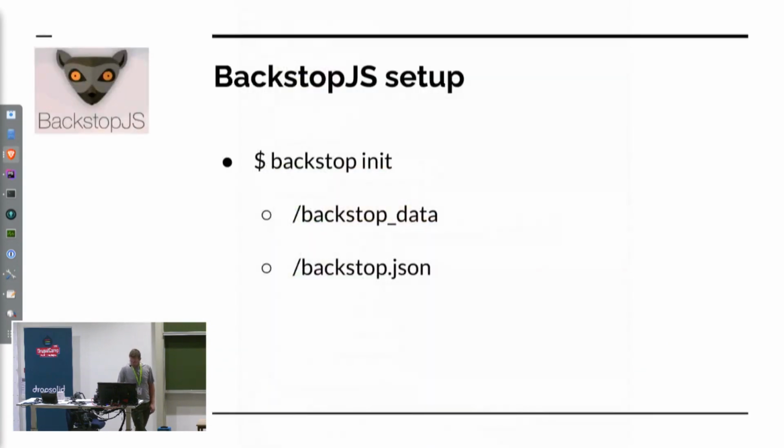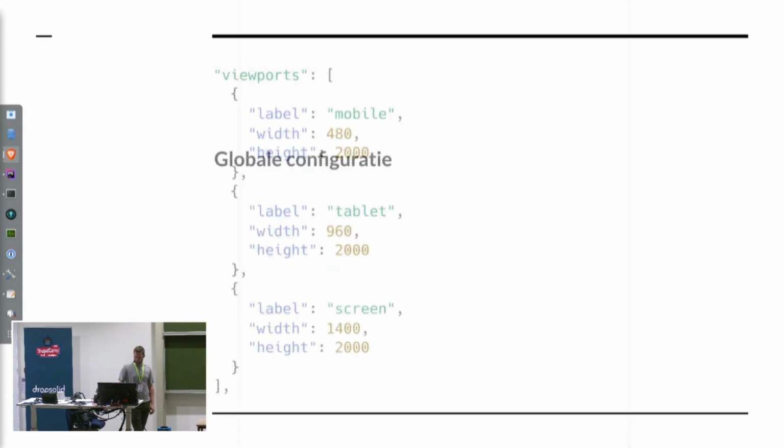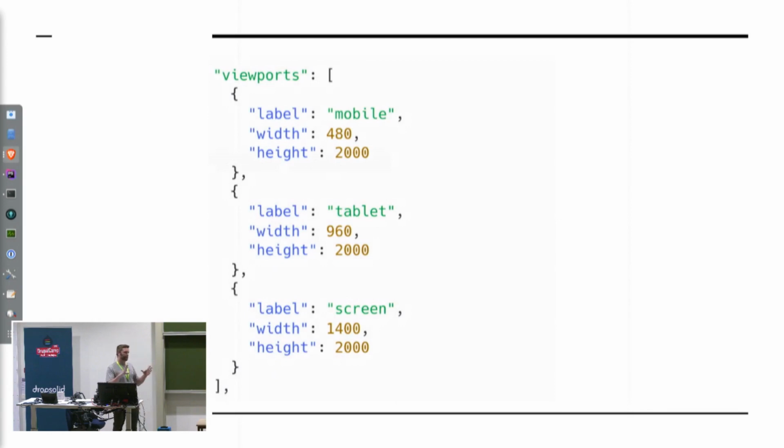Yeah, so the BackstopJSON file looks something like this. It's a bit small, but I'll go in detail on a few of the options. So, of course, a very important option is the viewports you want Backstop to render your website in. You can provide as many viewports as you like. We did these 3 basic ones for mobile, tablet, and desktop, of course.